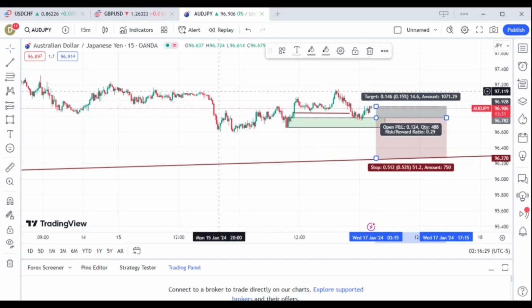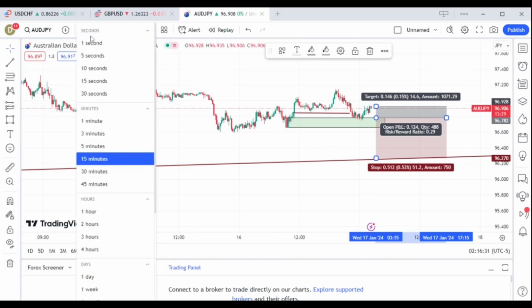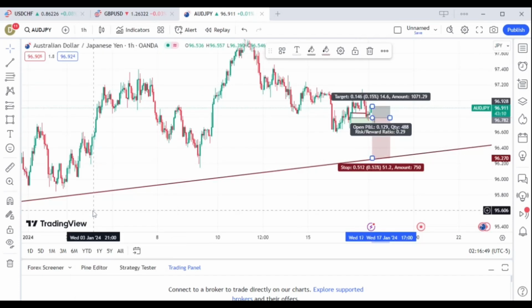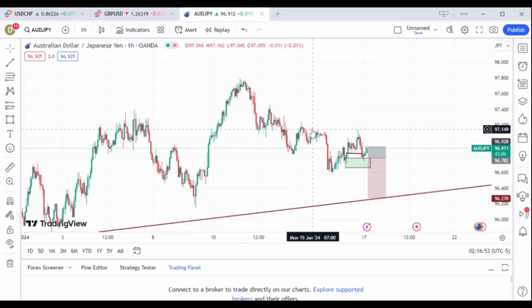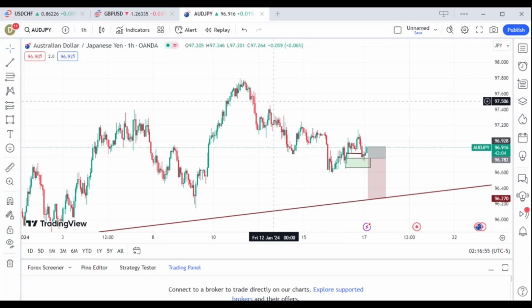So what I'm going to do now is go to the 1 hour time frame to identify the higher time frame liquidity that price is going to seek, since price started giving us that buy confidence from the 1 hour time frame. I'm going to look for liquidity that price is going to definitely sweep on the higher time frame. Now on the 1 hour time frame, what I can see here is this series of equal highs everywhere here.